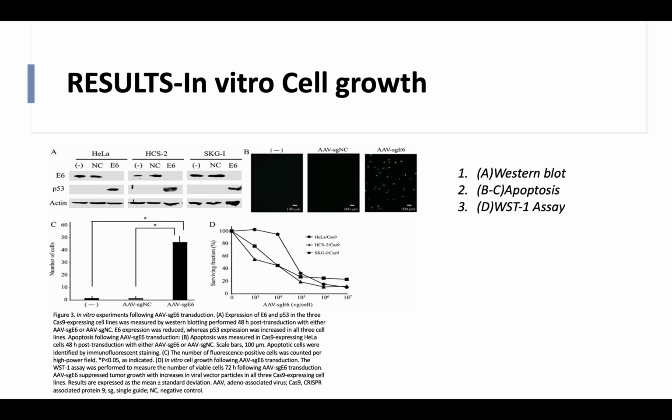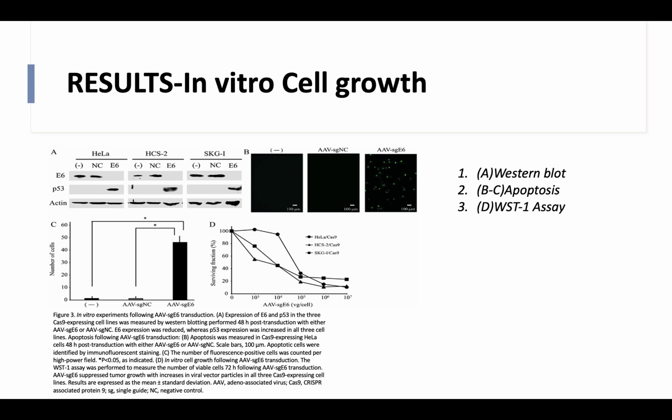On the other hand, cells transduced with vector SGE6 had significantly decreased expression of E6 and significantly increased expression of P53. These results indicated that E6 was knocked out effectively by CRISPR-Cas9 targeting of E6, consequently increasing the expression of P53 at the protein level.